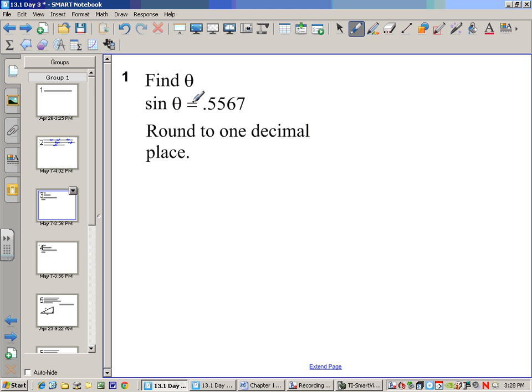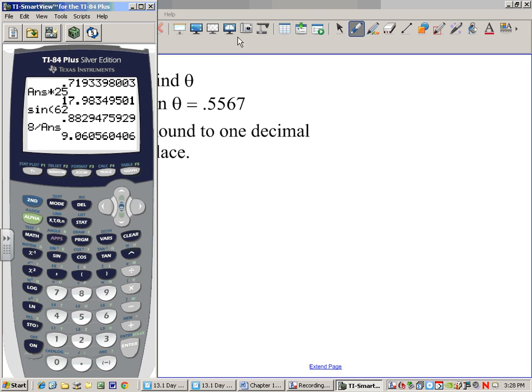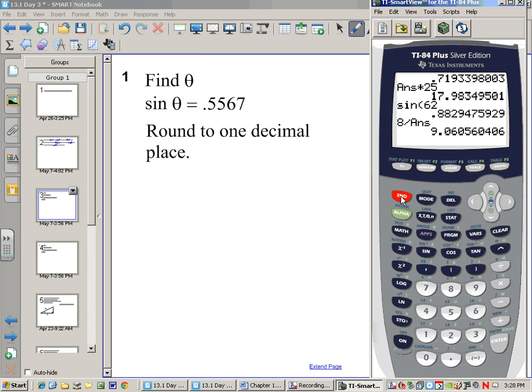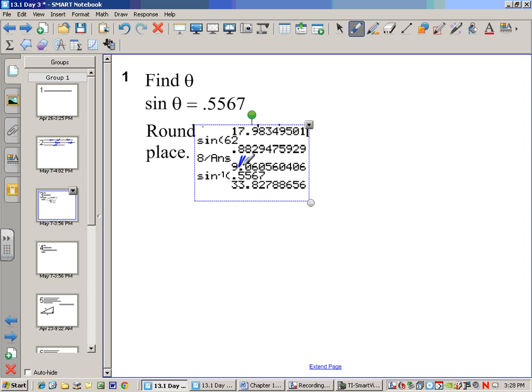So if sine of theta equals 0.5567, and I want to find the angle, what I type in is second sine 0.5567 and hit enter. So 33.8, so theta equals 33.8 degrees.